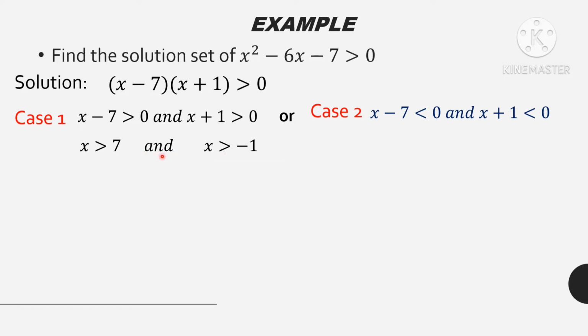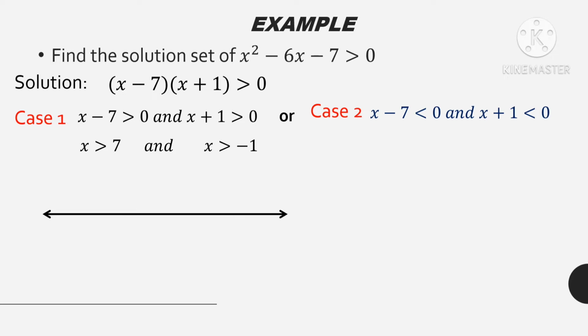Then we have the conjunction "and", meaning we have to get their common elements. So between x greater than 7 and x is greater than negative 1, we can easily identify the solution or their intersection if we are going to graph the two inequalities. Okay, so their intersection will serve as the solution set of the given inequality.